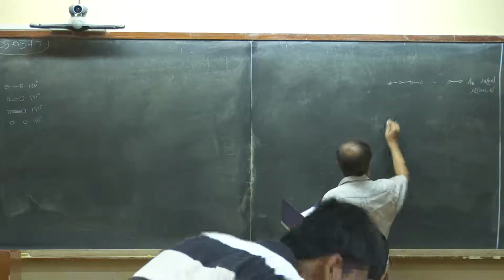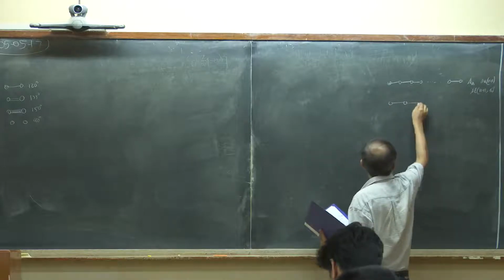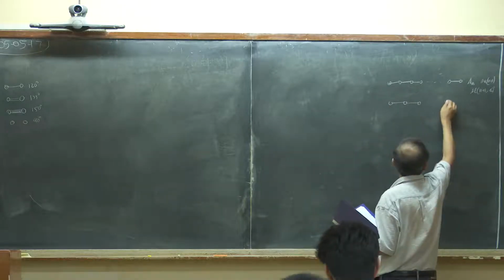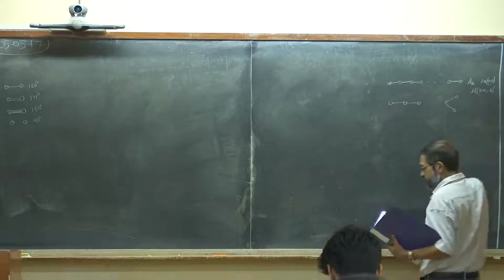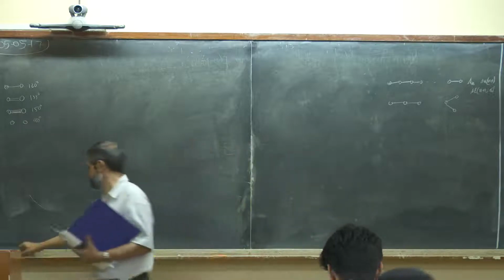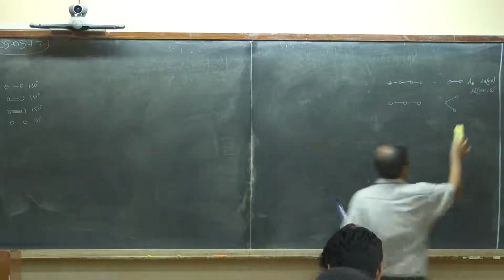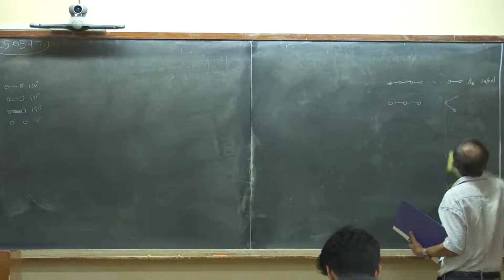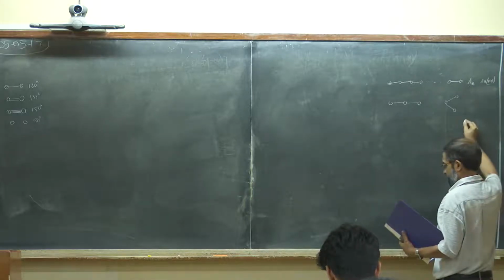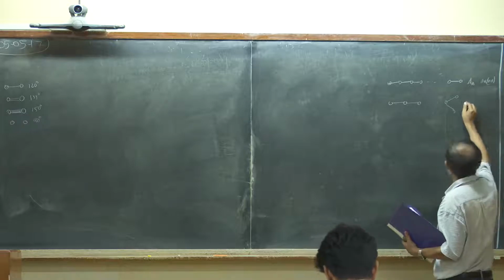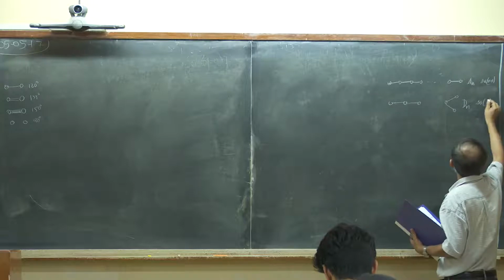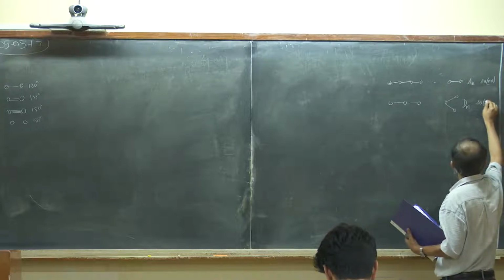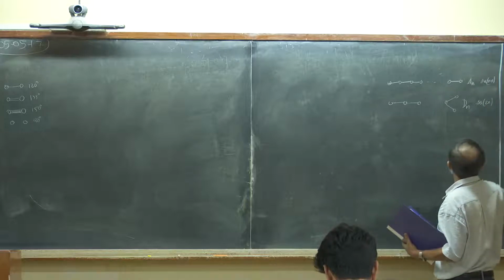Then there's a B guy that goes like this. Let me use what we have been saying so far, and this is called DN, and this corresponds to SO2N.